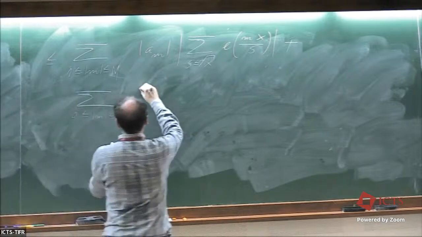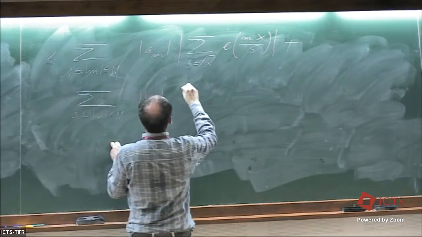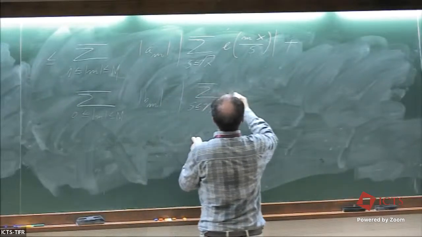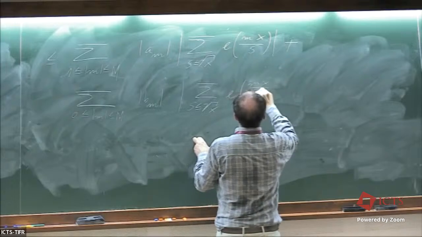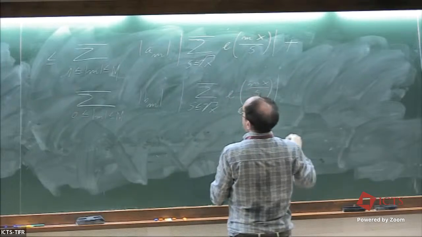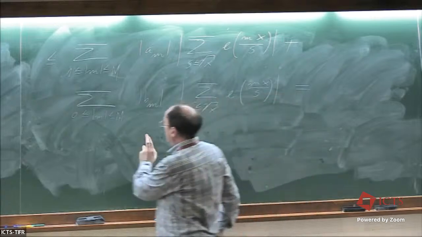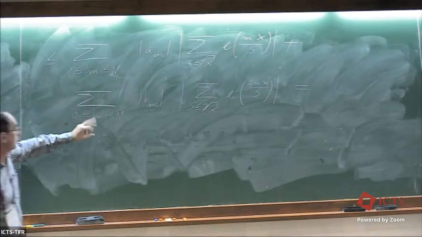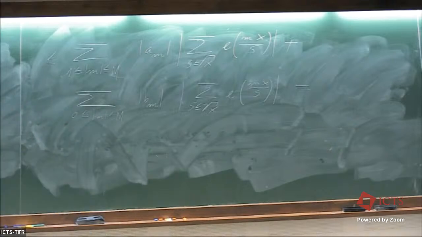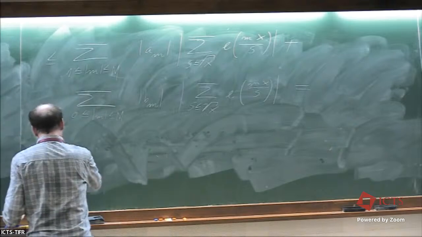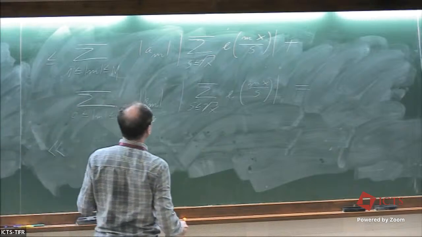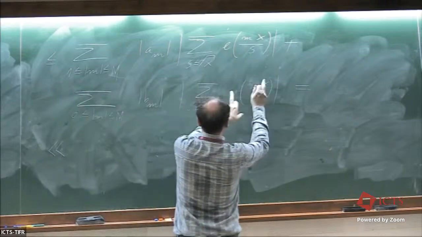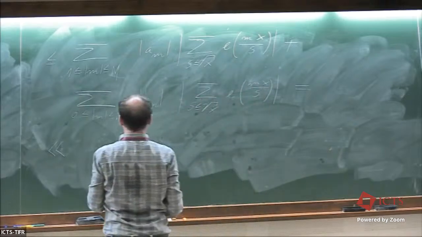So here we have a term coming from 0, but B0 is also estimated by 1 divided by m. So this is bounded by 1 divided by m times, so for m equals 0, this is just a trivial sum.